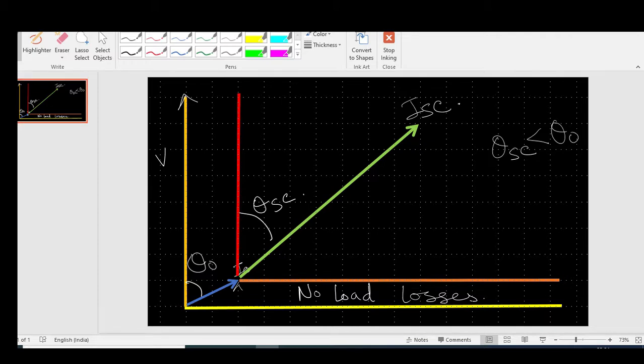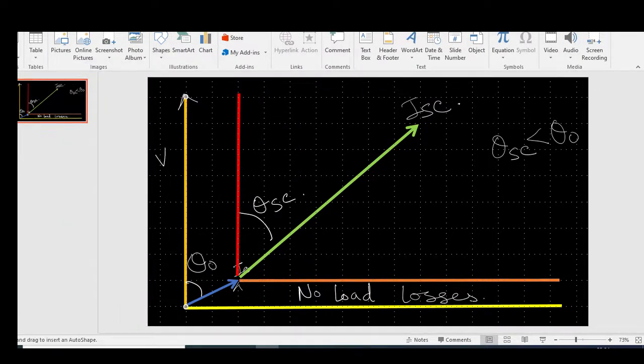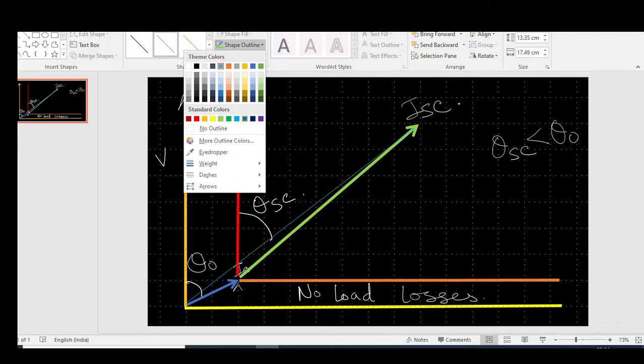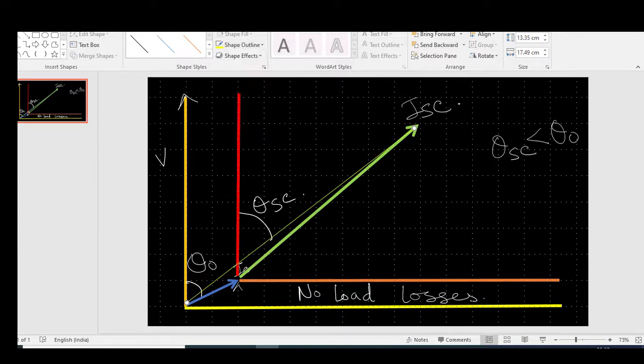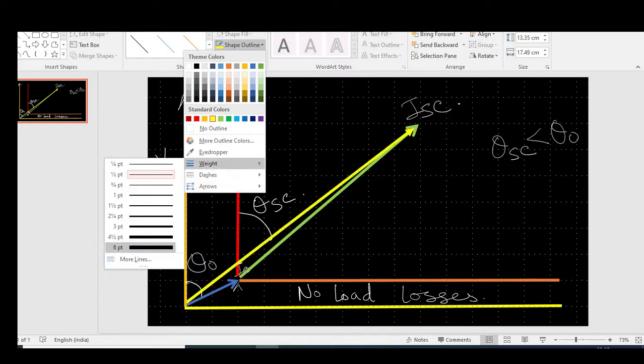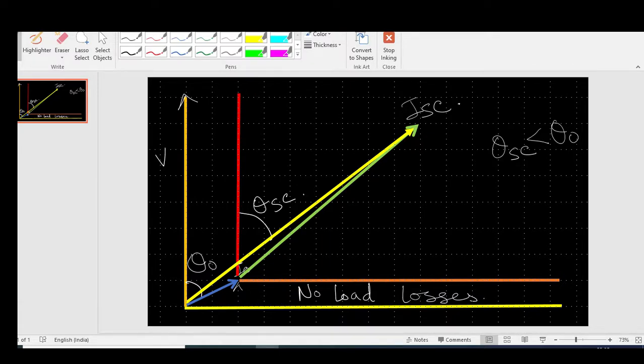Clearly, if we find a line that joins these two points, this yellow line will give us our total current I equal to I naught plus ISC.